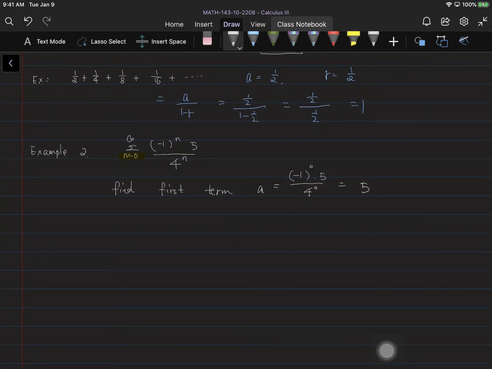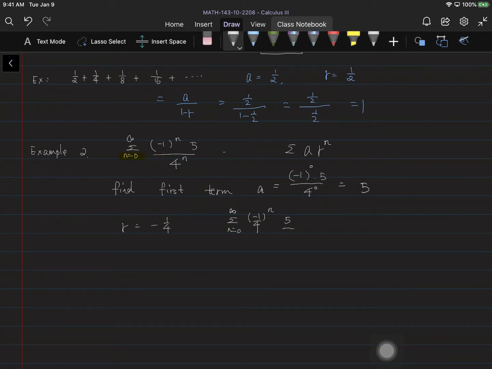After we find the A, we should find our R, right? There are two ways to find R. The first way, you can see our geometric series is A times R to the N. So from this series, you can see R equals -1 first, because we can write our series by combining the -1 and the 4 together and putting the N to the outside.